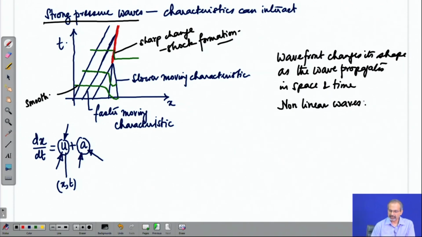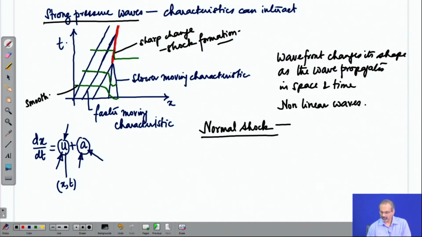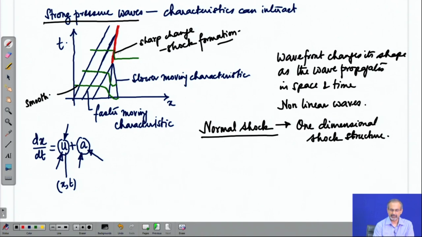When can shock occur in nature or in engineering applications? Let us think about a few examples where in particular we have a special kind of a shock which is called as a normal shock. Normal shock is by and large a one dimensional shock structure. Like you are seeing here in this case, there is a sharp change.